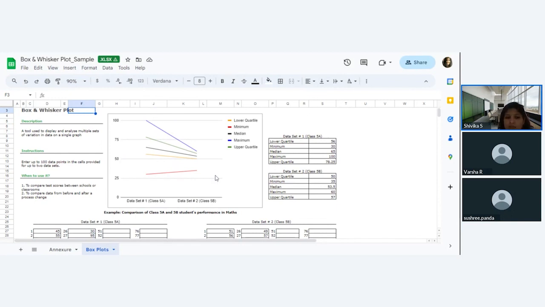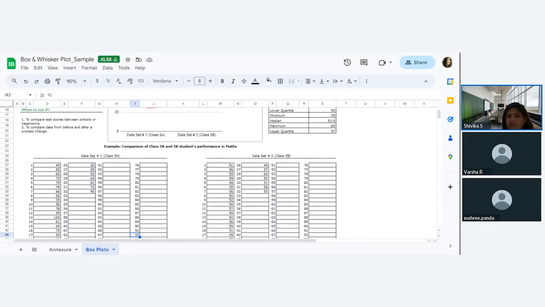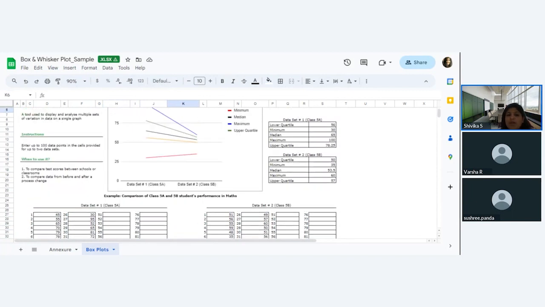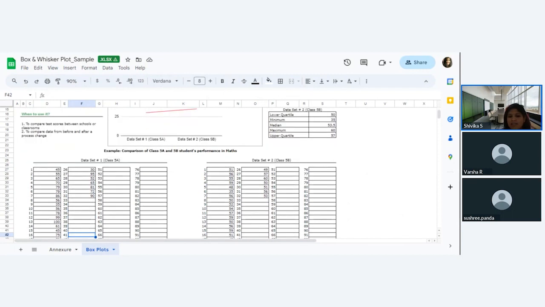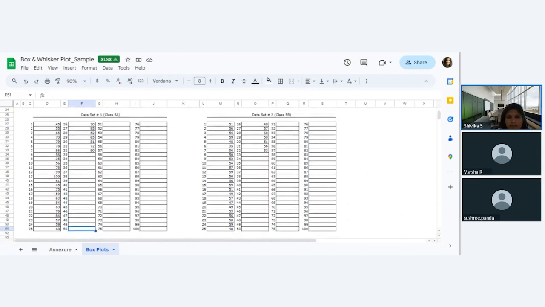On the other hand, in 5B the maximum a student has scored is only 65. You can also change this data, and it will automatically change. So using this box and whisker plot, you can see and compare performance with the help of this graph. You don't have to make any changes here. You can just use this as it is and put your data set here.